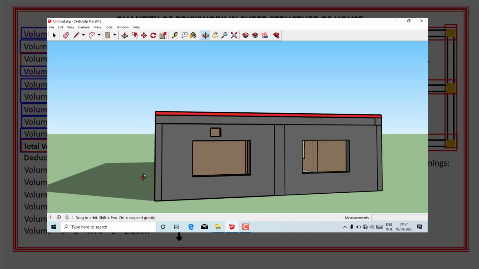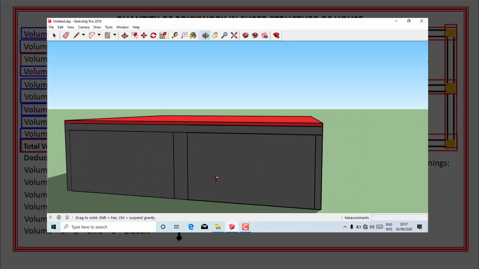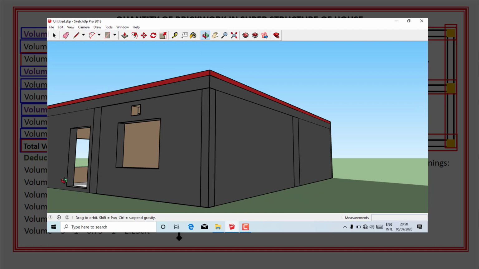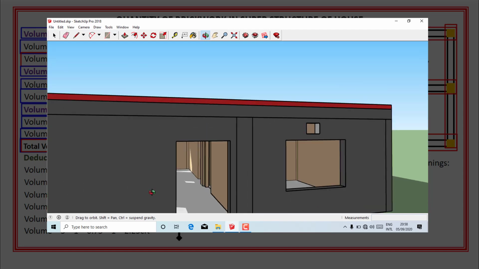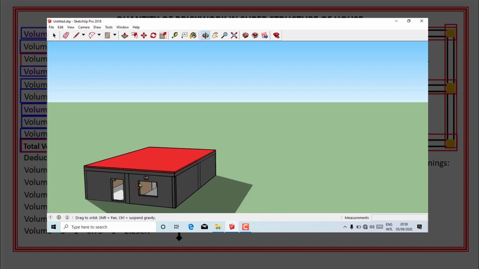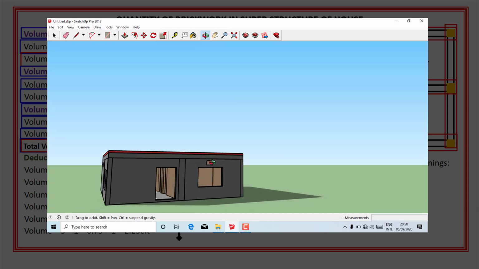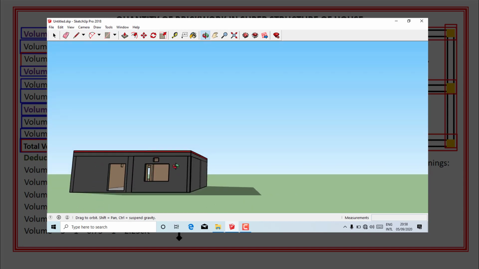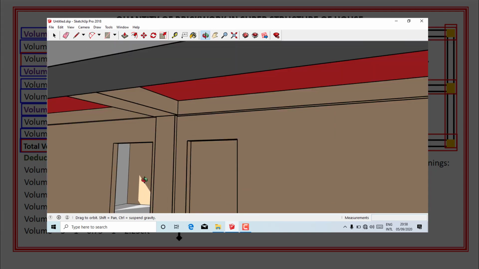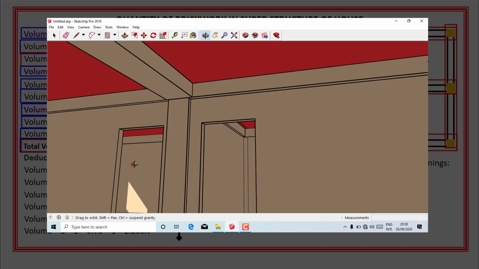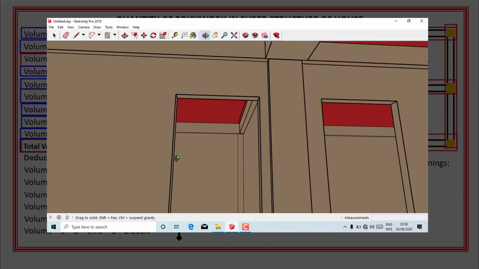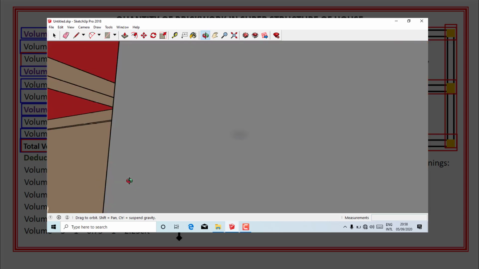So what I will do here is, first I will calculate the total volume of these openings, and then I will subtract the total volume of openings from the total volume of brickwork in superstructure. And I will get the final volume of brickwork in superstructure for this house. Okay. And after that I will use that volume of brickwork in order to calculate the number of bricks and also the quantity of mortar as well.